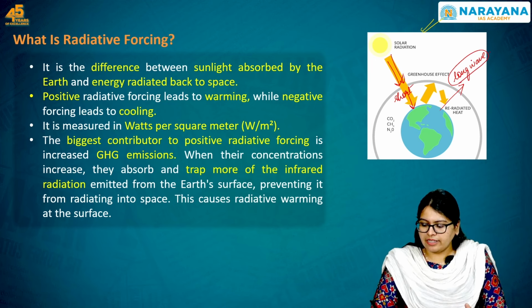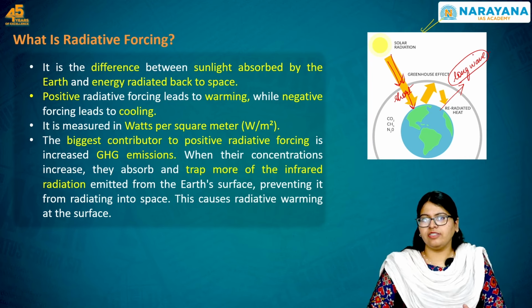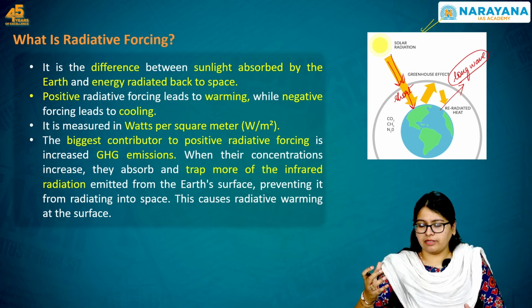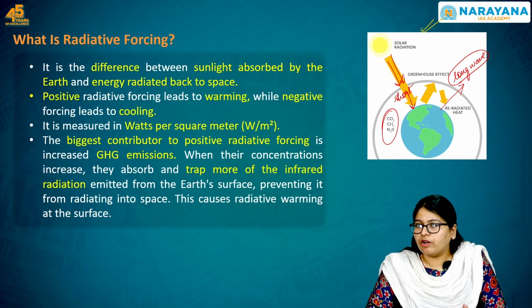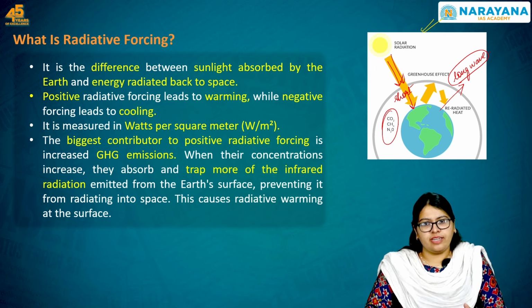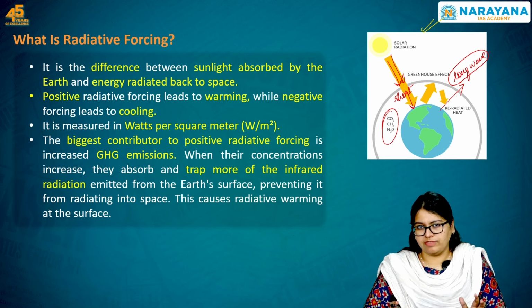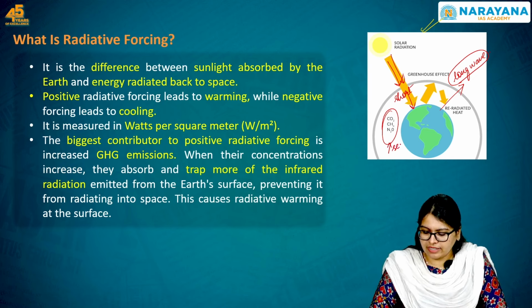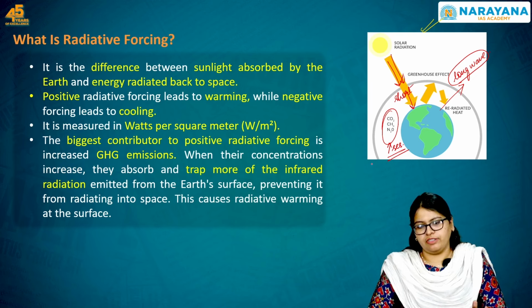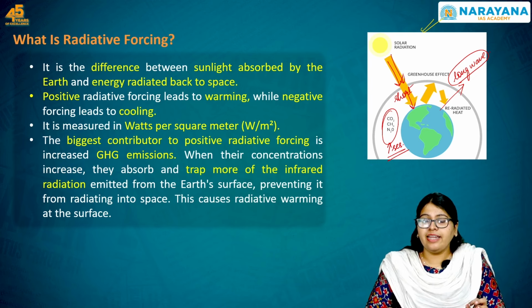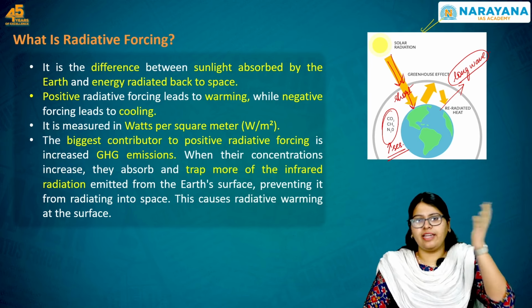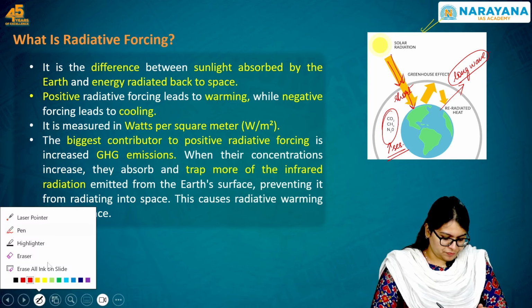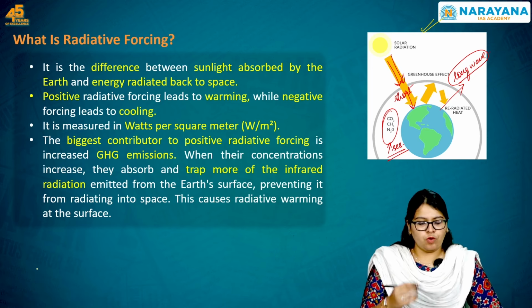However, this re-radiated long wave radiation does not entirely escape to space, but is absorbed by the greenhouse gases such as carbon dioxide, methane, nitrous oxide, etc., which are present in the atmosphere. So this increases the temperature of the earth further. This is what is called radiative forcing. That is nothing but the difference between the incoming solar radiation and the amount of light that is re-radiated back to the atmosphere.